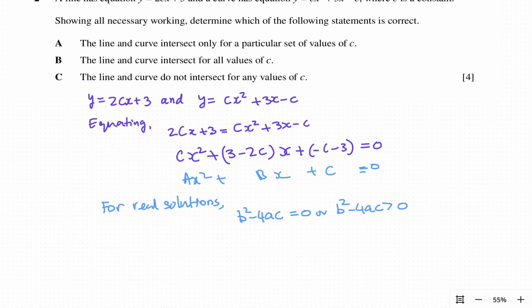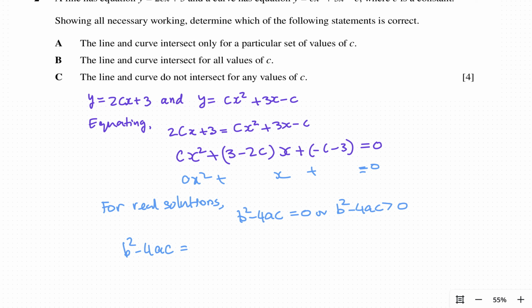So if we start with equal to 0, so what is b squared minus 4ac?